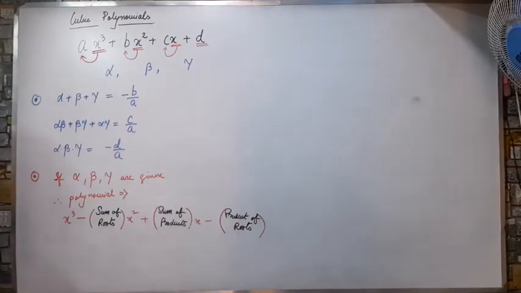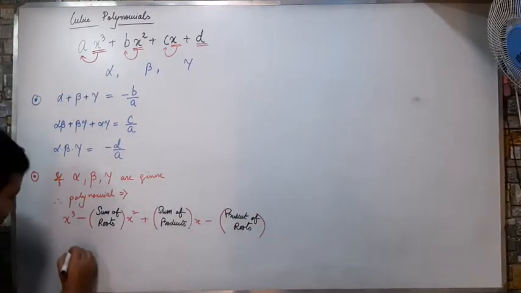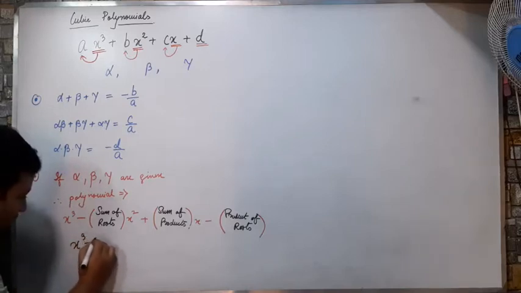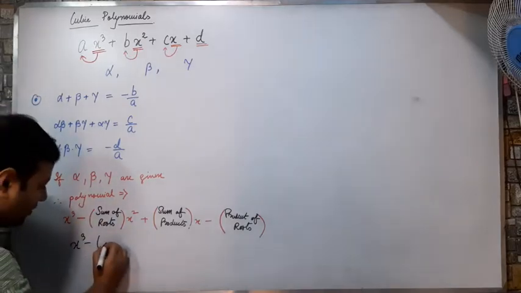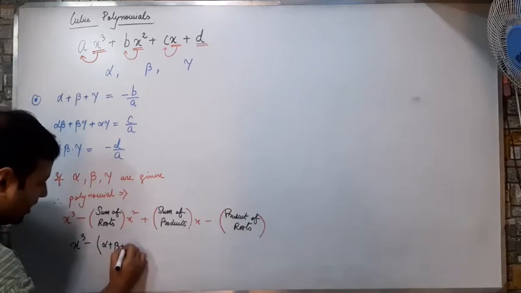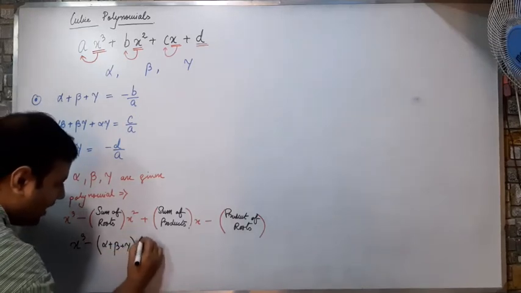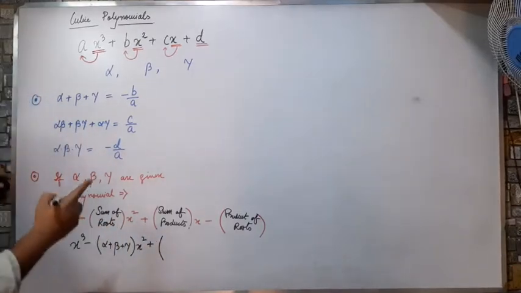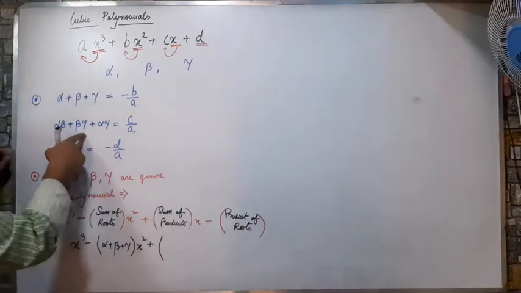So in short, we can write like this: x cube minus sum of roots. The sum will be alpha plus beta plus gamma, x square plus sum of products. This is called the sum of products.